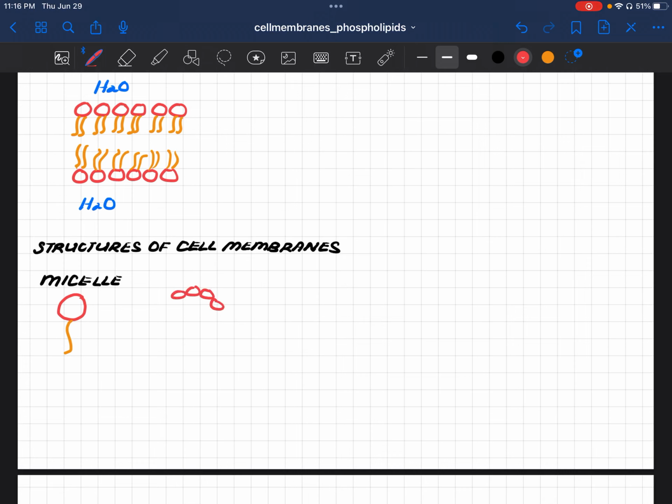So I'll try to draw it out here. I don't know if that was really a good drawing, but we'll have it arranged into sort of a spherical shape with the tails pointing inwards. And this is called a micelle membrane.